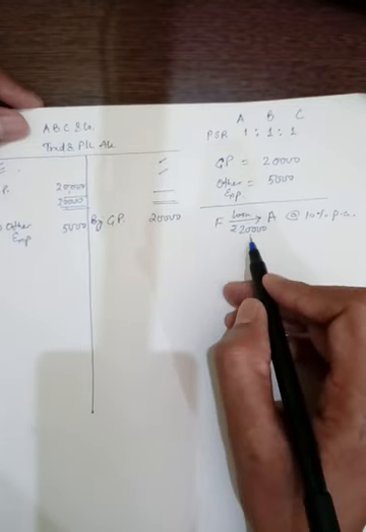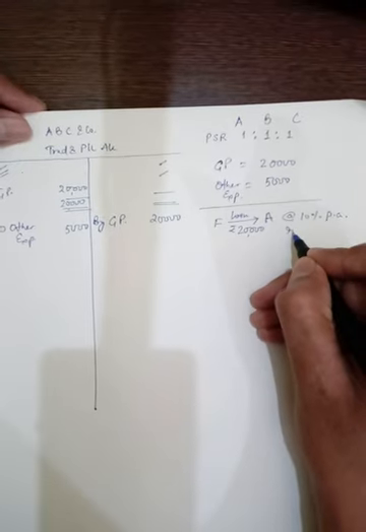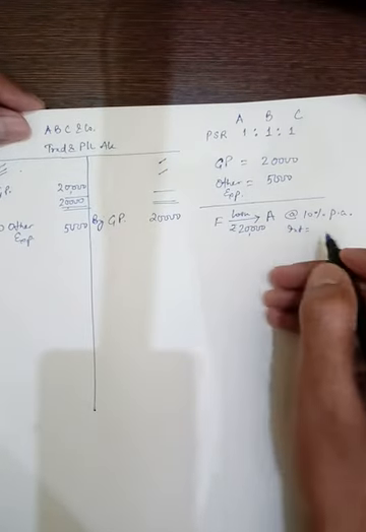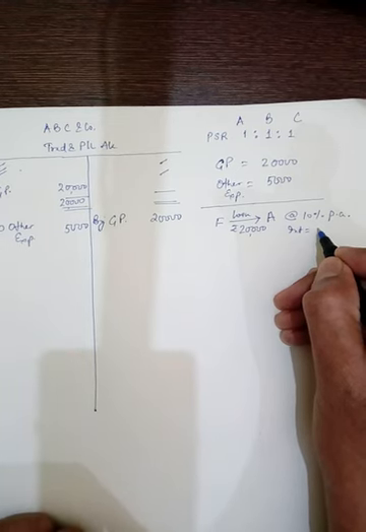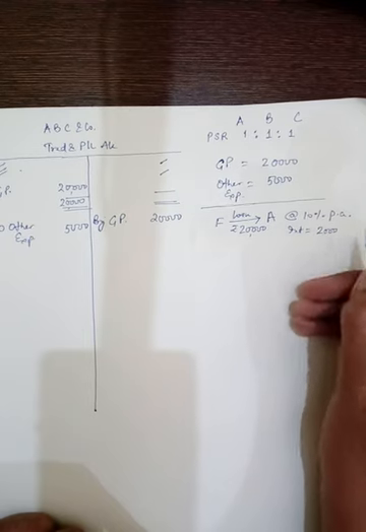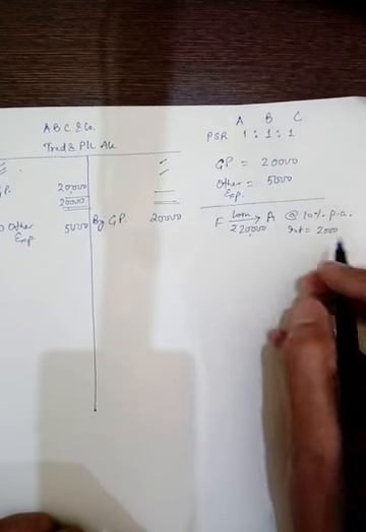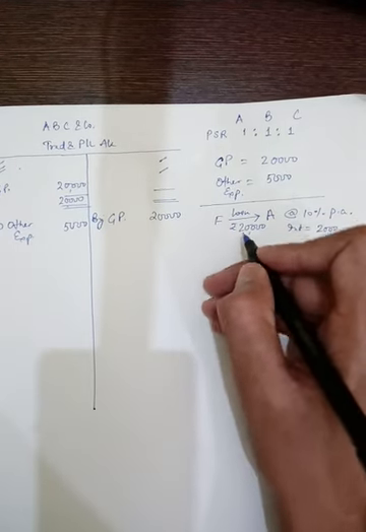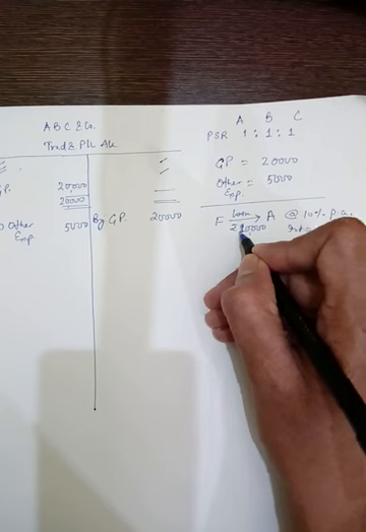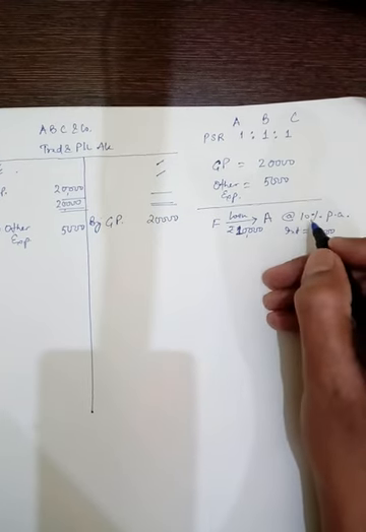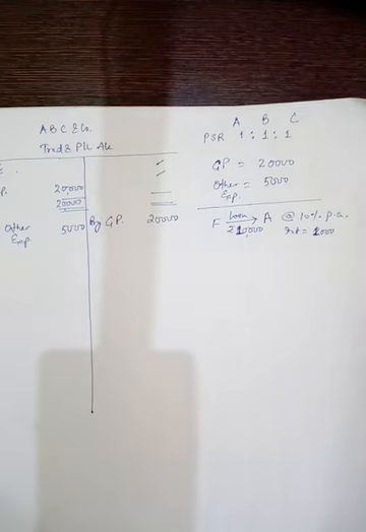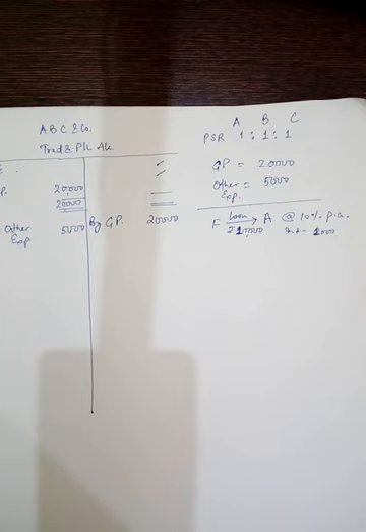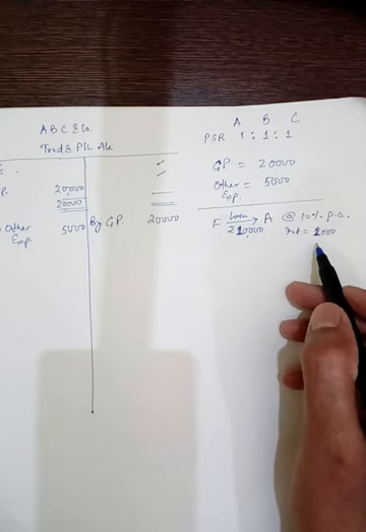So the interest amount will be 20,000 into 10%, that is 2,000. Let us make a correction, make it 10,000. So on a 10,000 loan at 10%, that is 1,000 interest on loan charged by the firm from Mr. A. So this is an income, and recall the journal entries.